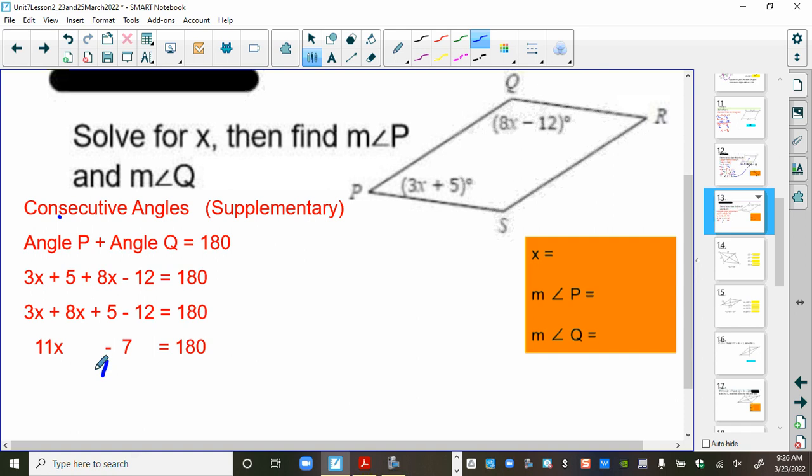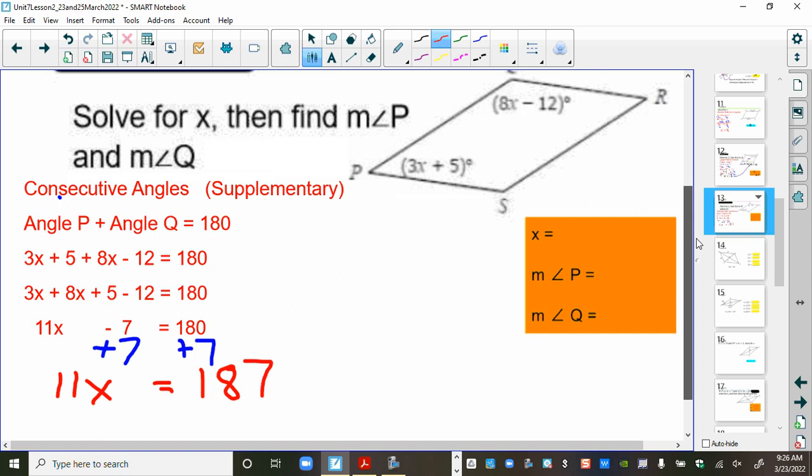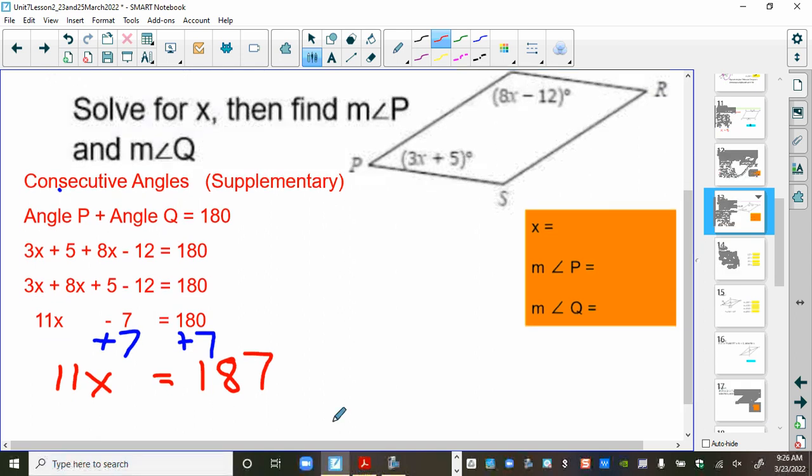Add 7. 11x is 187. And then what do we have to do to get the x by itself? Divide by 11. Yup.